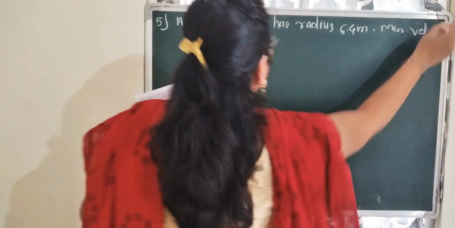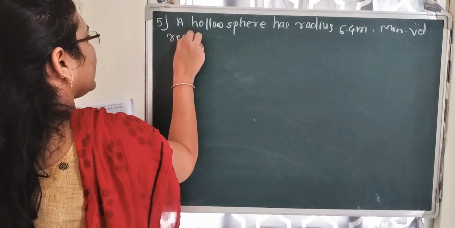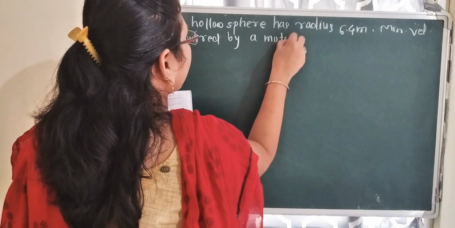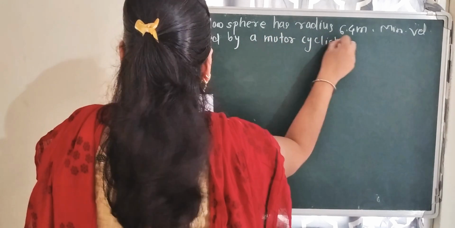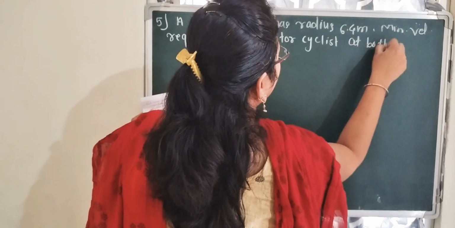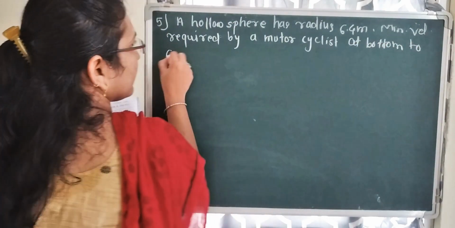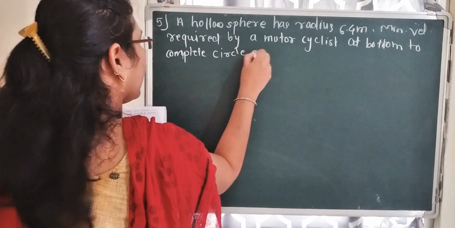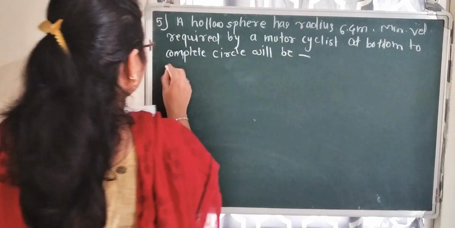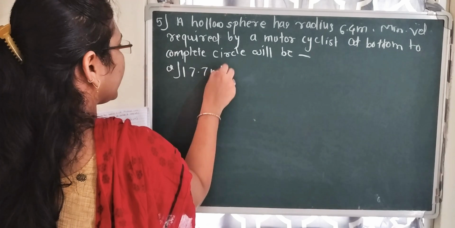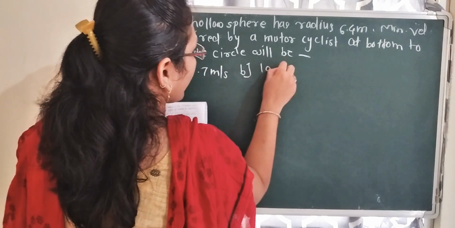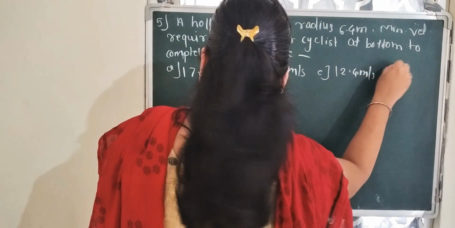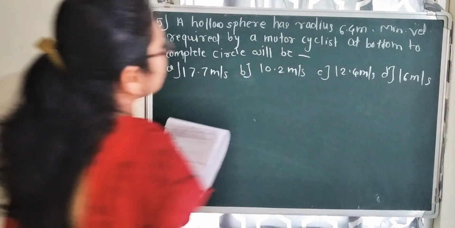The minimum velocity required by a motorcyclist at the bottom to complete the circle will be. Options are 17.7 meter per second, second 10.2 meter per second, third 12.4 meter per second, and last 16 meter per second.